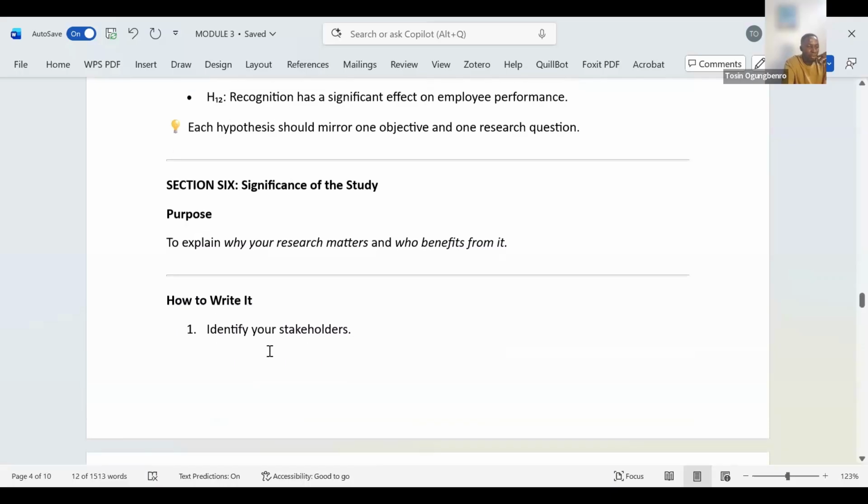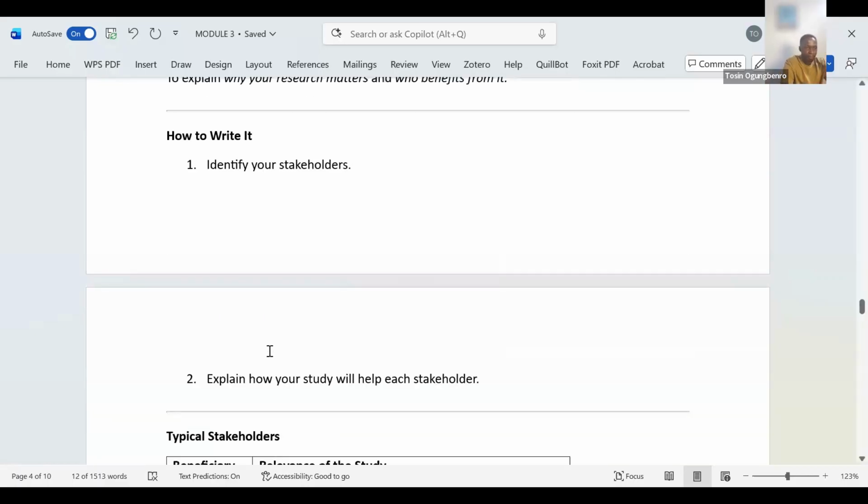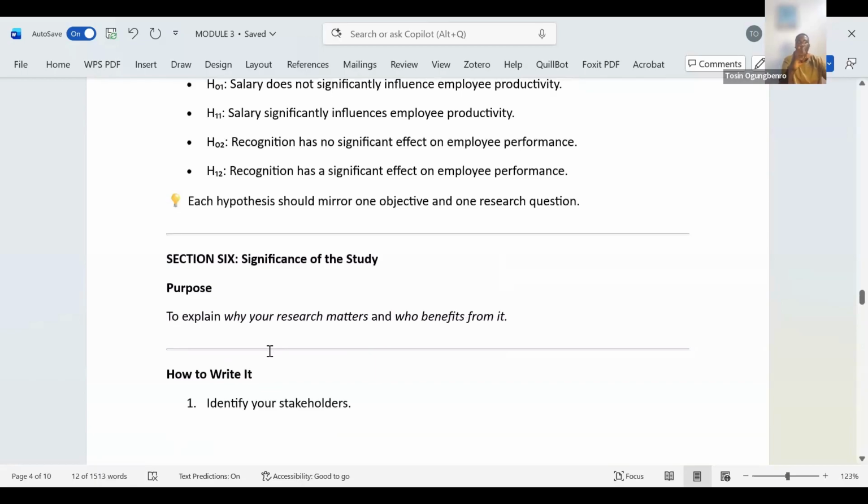So significance of the study talks about who your study affects, the stakeholders. Every study does not affect everybody. For instance, in public health, your topic can be addressing parents, it might be addressing policy makers, it might be addressing institutional authorities, higher educational institutional authorities, stuff like that.